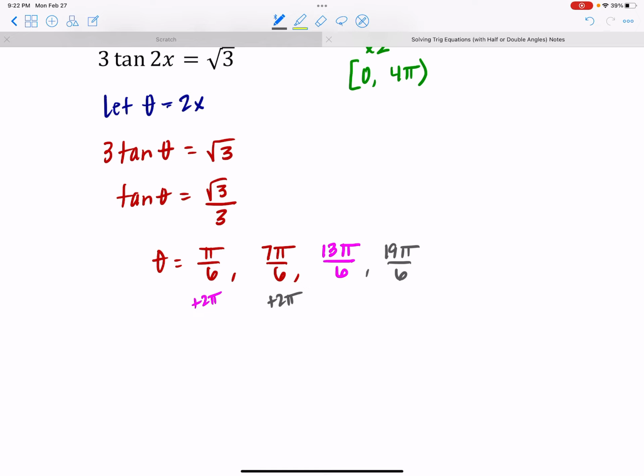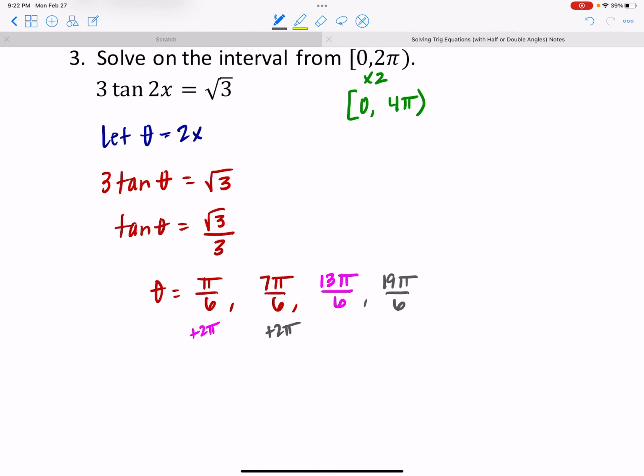If I was just solving for theta, I would be good. But remember, I'm actually trying to solve for x. I let theta replace 2x, so now I'm going to replace theta with what it replaced, which is 2x. So now 2x has to equal all of these: pi over 6, 7 pi over 6, 13 pi over 6, and 19 pi over 6.